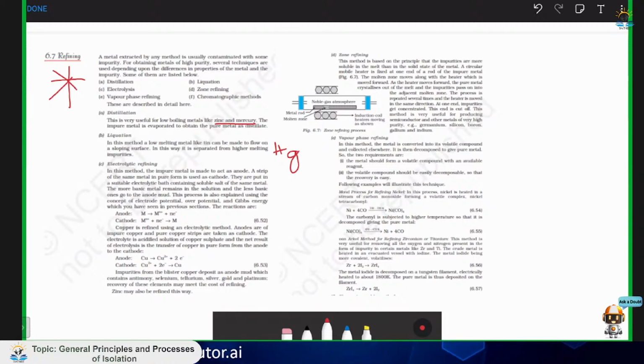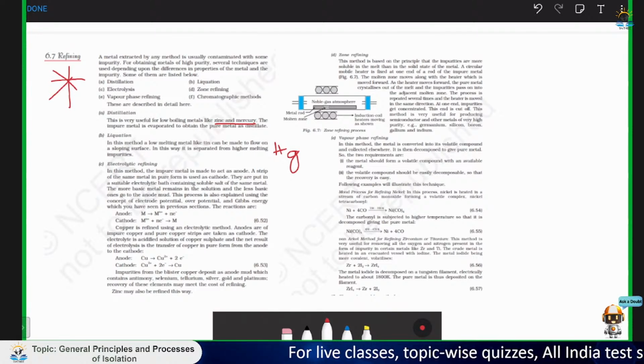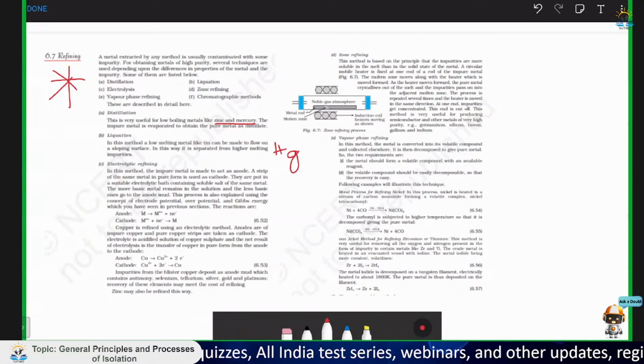The anode gets cleaned out completely, and you have the copper ions deposited on the cathode, which becomes bulk. The anode is gone, because all the copper in the anode came to the cathode, and the impurities in the anode go down into the anode mud. This anode mud of copper contains rare metals like silver and gold. So the collection of anode mud is also an essential step in these metallurgical processes.